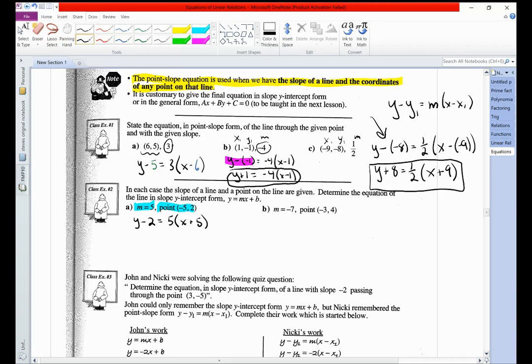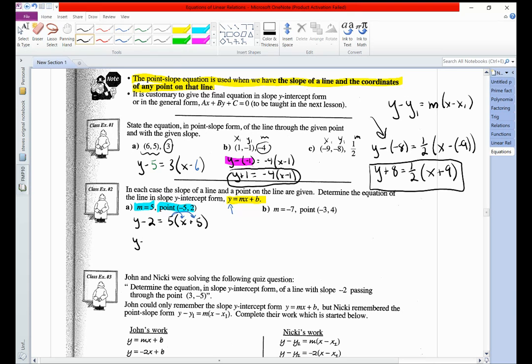And to switch it into y is equal to mx plus b, you notice here that y is all by itself. So we just want to get y completely by itself. The first thing I'm going to suggest is to factor this 5 in throughout the brackets.